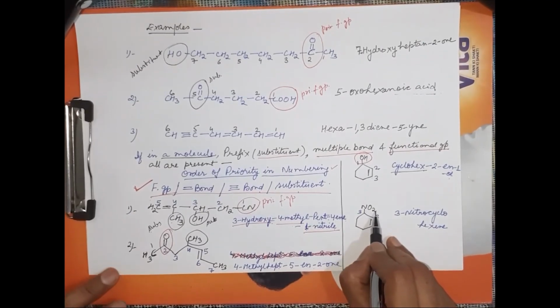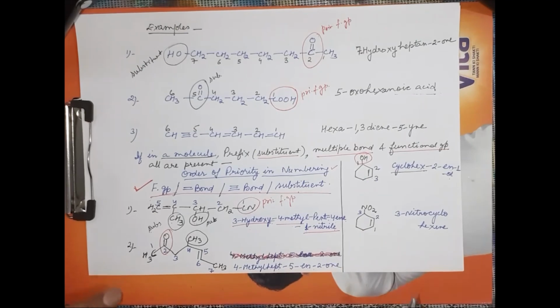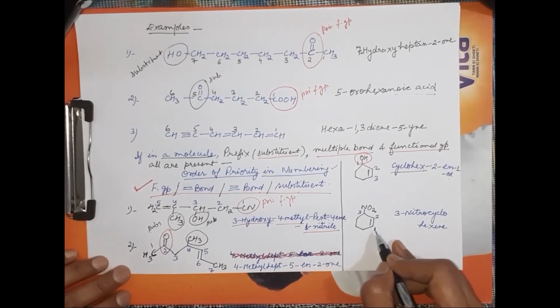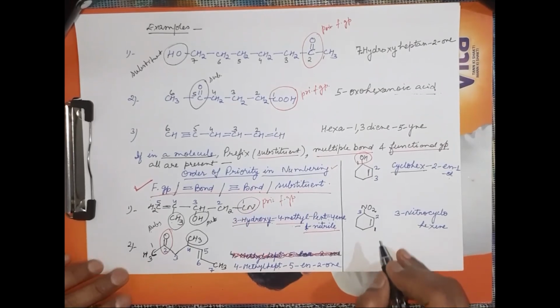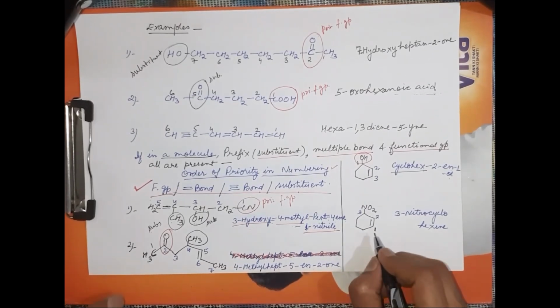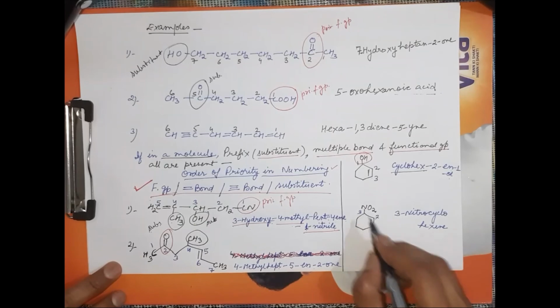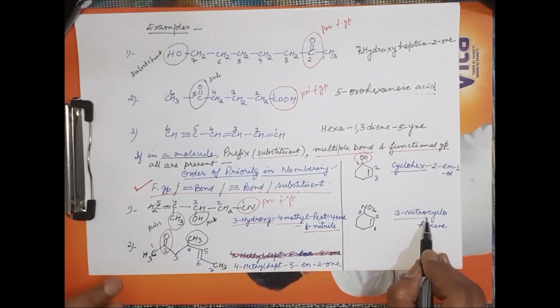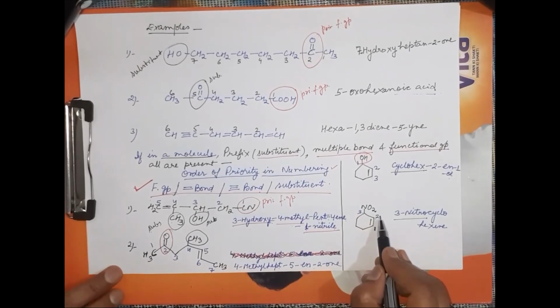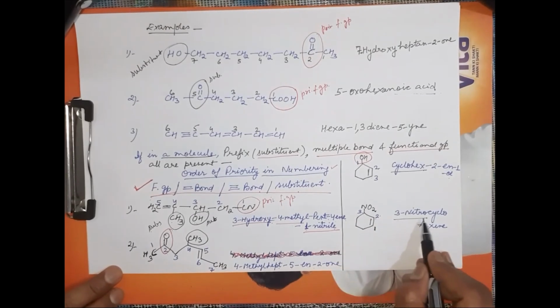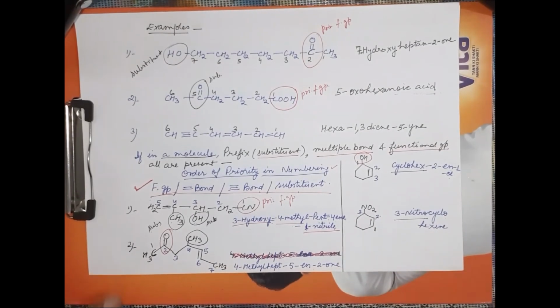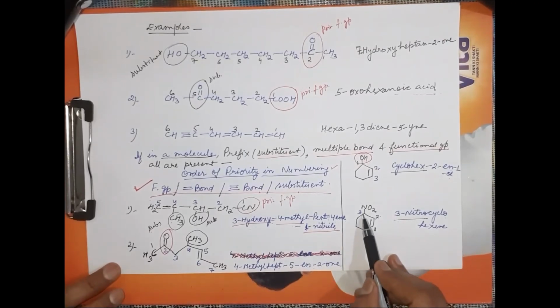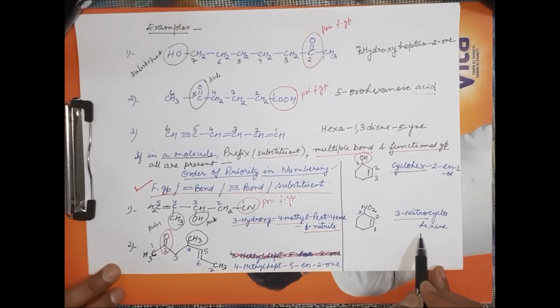So it will be written as a prefix in the IUPAC name. We will do the numbering like this, giving the lowest number to the double bond, 1, 2, 3. This NO2 is a substituent, so 3-nitrocyclohexene. This will be the name, 3-nitrocyclohexene.